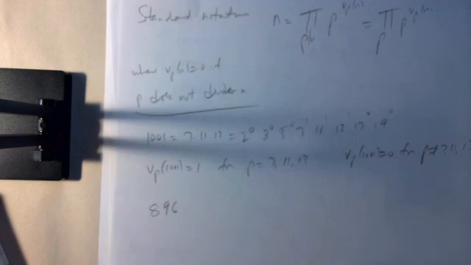896. Let's see, factor 896. Just a random number. Write it as a product of primes.